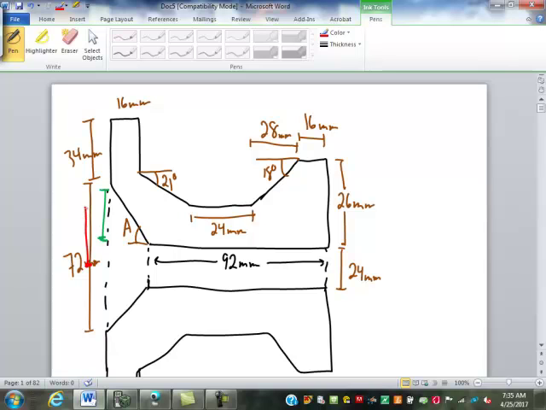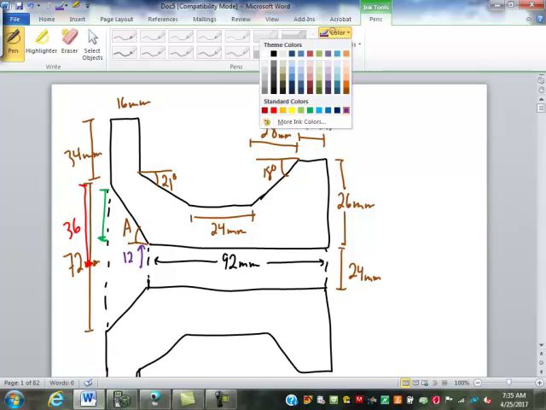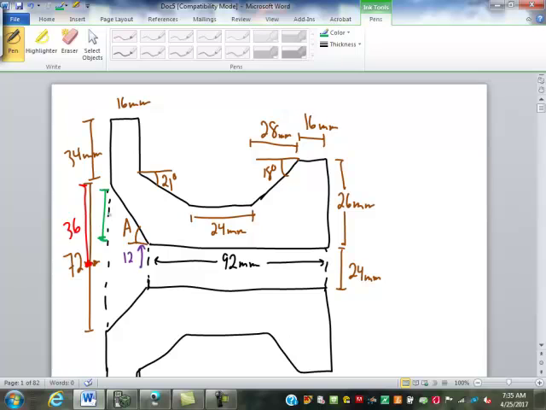Well, from here to there is how much? From center out. Better be 36, half of the 72, right? And from here to there is how much? 12, half of the 24. So that green dimension there has to be 36 minus 12, or 24 millimeters.